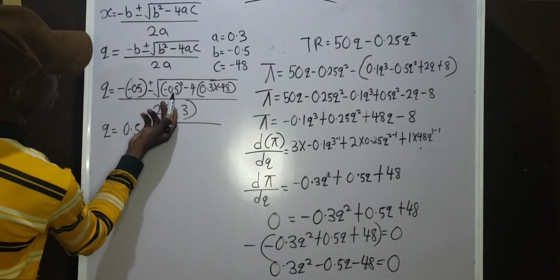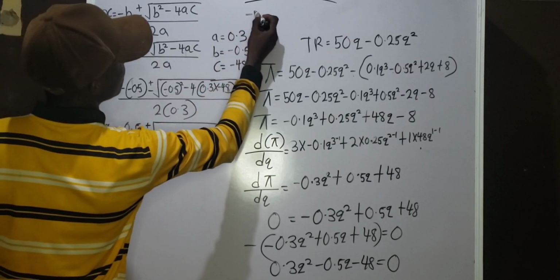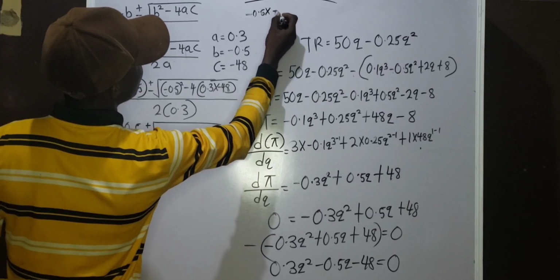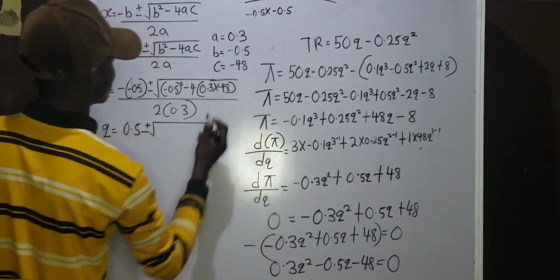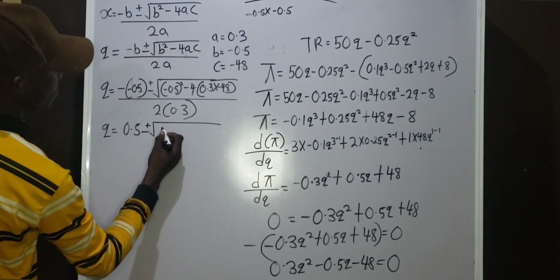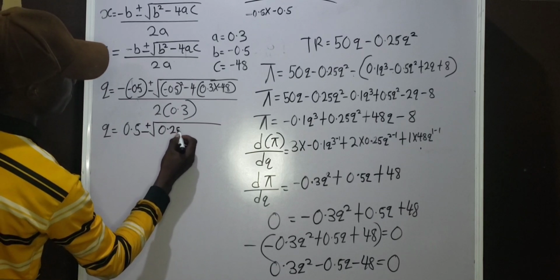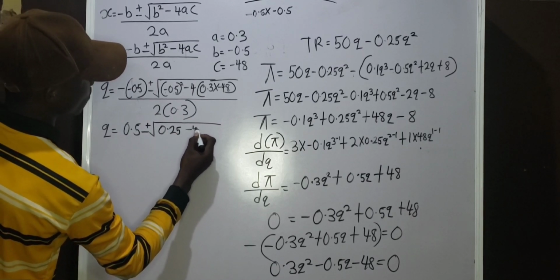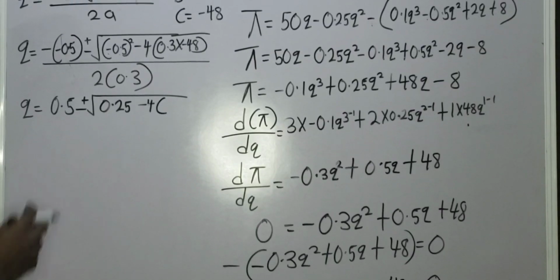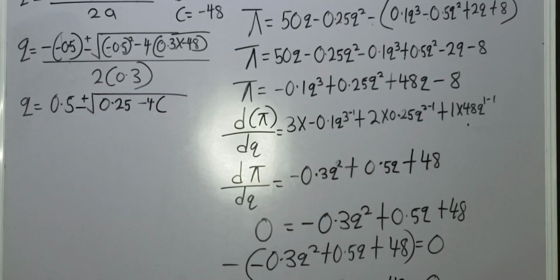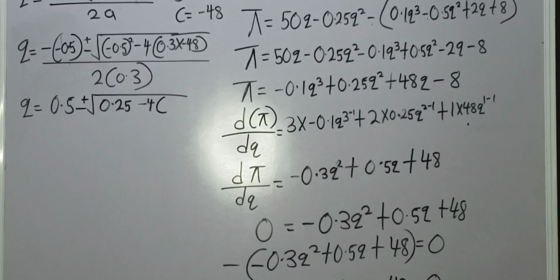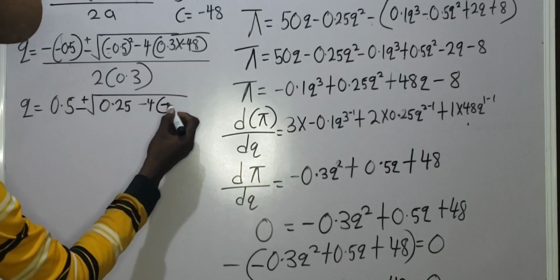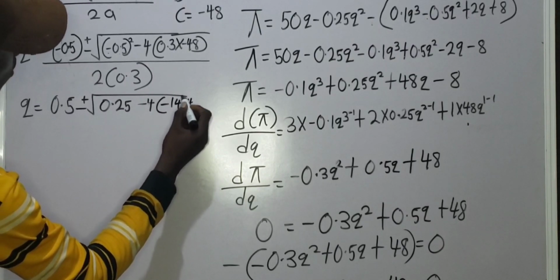We have negative 0.5. That means negative 0.5 times negative 0.5. Do you understand? So that is positive 0.25. Then minus 4 into bracket 0.3 multiplied by negative 48. That will give me negative 14.4. So this will be negative 14.4.